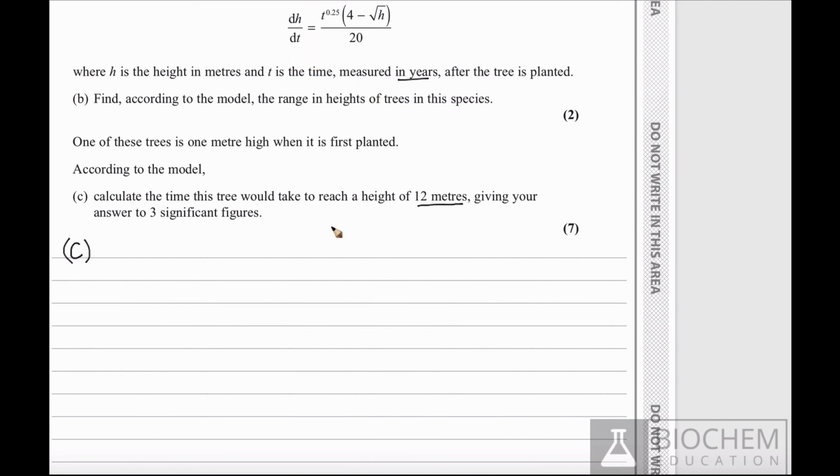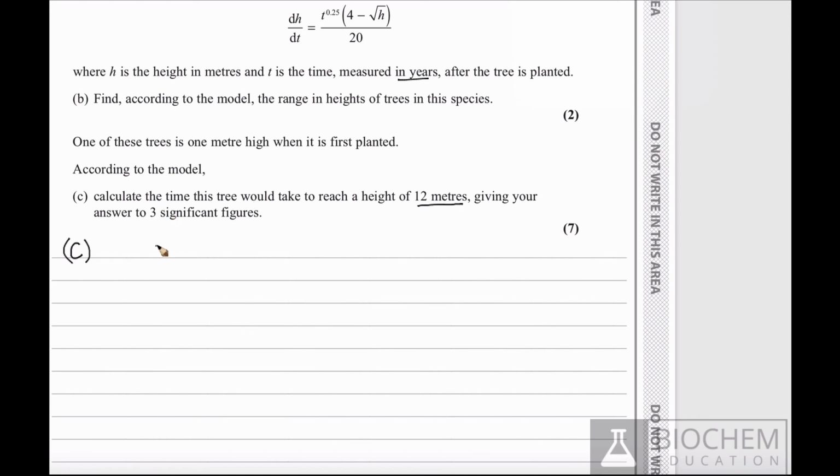So therefore, we will have to integrate this differential equation and find out h in terms of t or t in terms of h, and then plug in height to be 12 meters into the resulting equation to find the corresponding time in years. So let's first separate the variables of this equation with dh on one side and dt on the other side, and then we can integrate both sides.